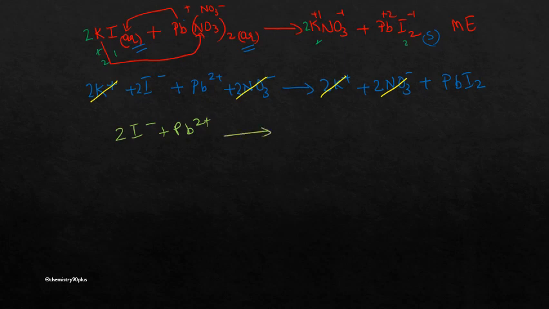And the ions on the right side? Oh, there are no ions on the right side. We have a solid precipitate here, which is PbI2, because the ions on the right side got cancelled, as they are the spectator ions. So we got the net ionic equation here. That's how we write the net ionic equation for precipitation reactions.